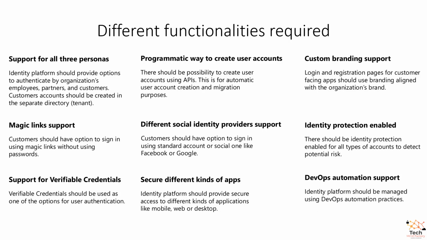And also, we would like to implement some DevOps automation. So identity platform should be managed using DevOps automation practices. So as you can see, those are only some of the requirements around functionalities that you will face when you will start building modern identity platforms.